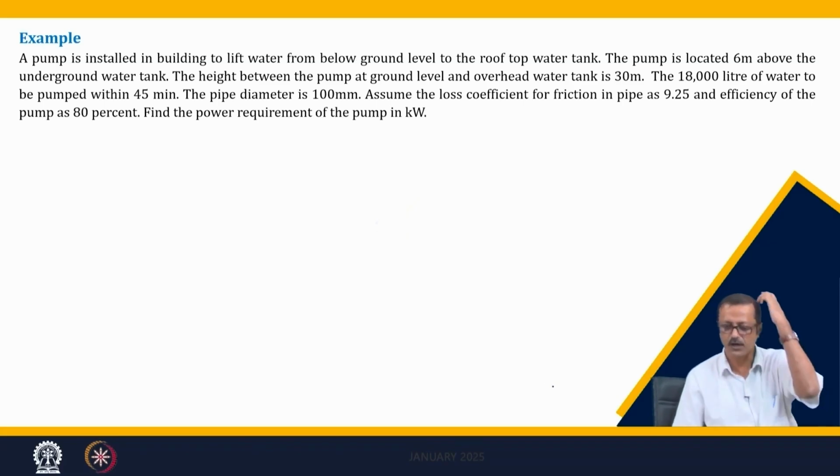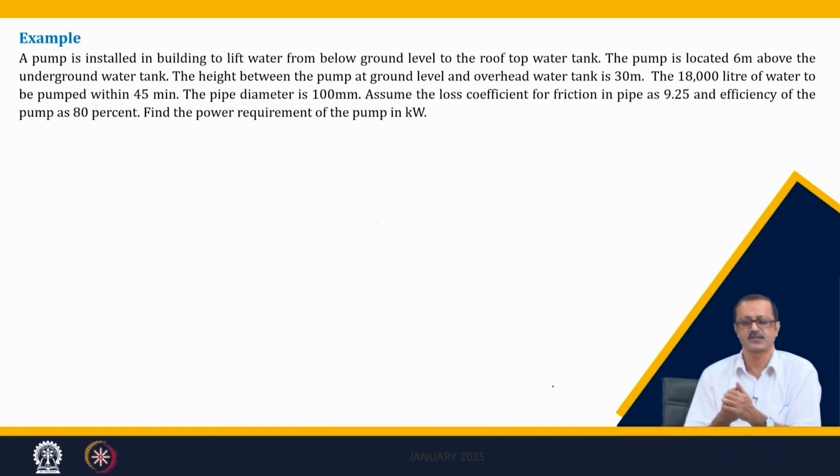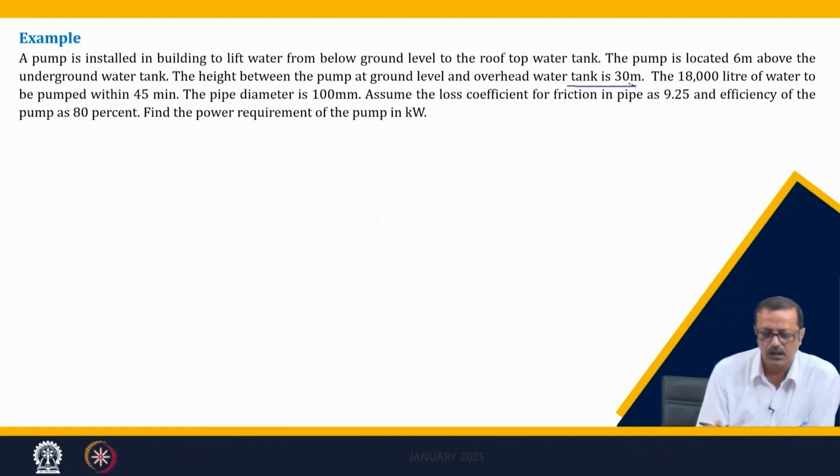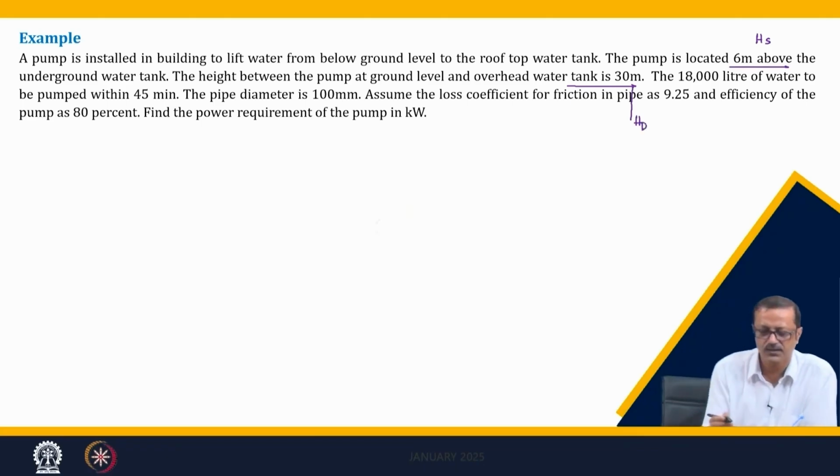So, in this particular problem I have given a pump and I want to find out what is the capacity of the pump I require. Here I have to pump to an overhead tank 30 meter above, the height between the pump and this thing. The pump is located 6 meter above the underground tank. So, this is my suction head, this is my delivery head, and I also have to find out the dynamic head, because I have been given friction coefficients and all those kind of things.